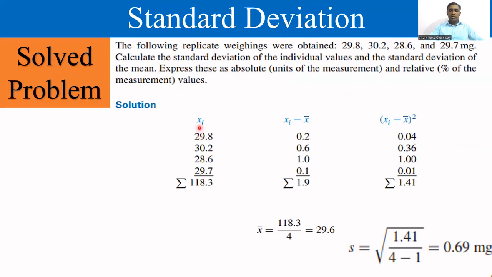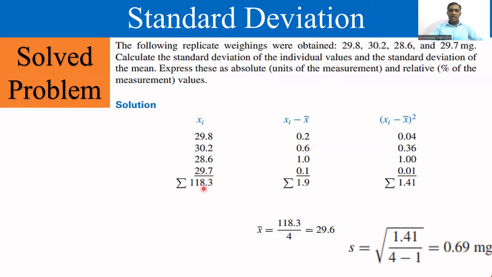When you are asked a problem like this, to calculate the standard deviation, of course you need to calculate the mean, because the equation to calculate standard deviation involves the mean. So you need to write all the individual data given here: 29.8, 30.2, 28.6, and 29.7, all of them under the column xi, and you take the sum of all these values.